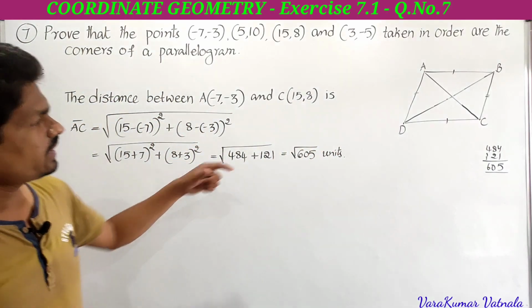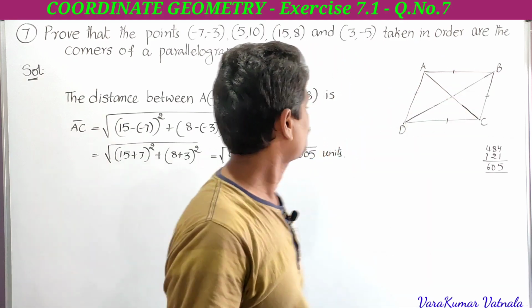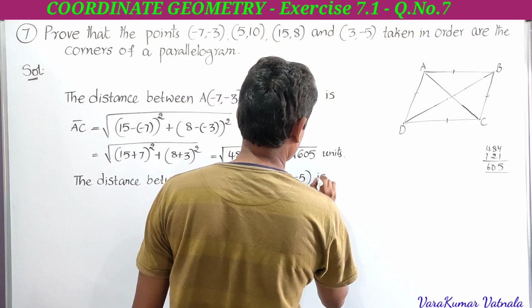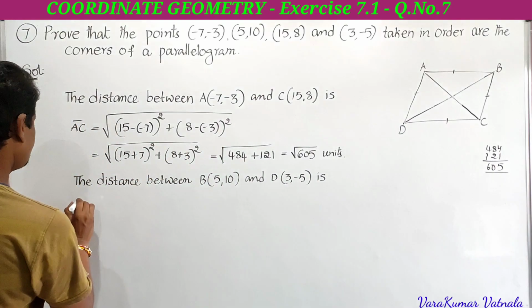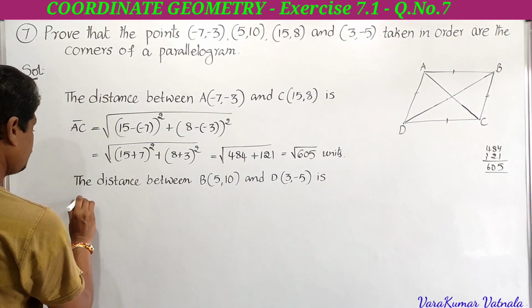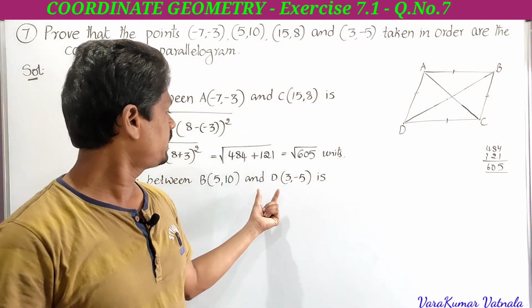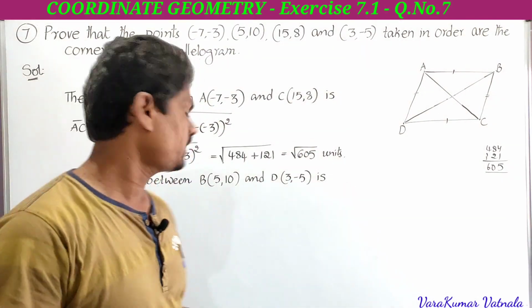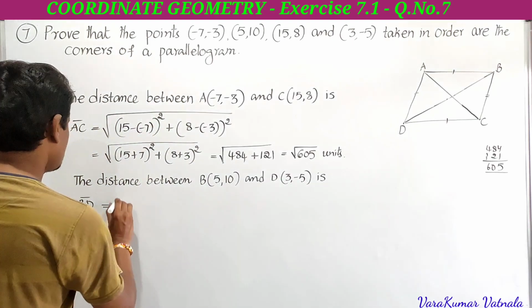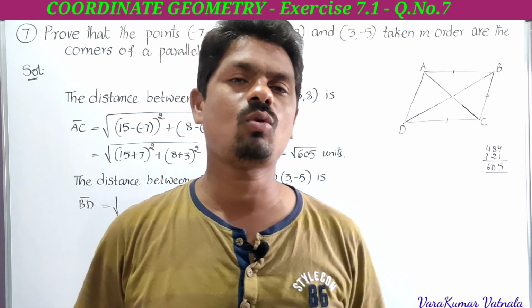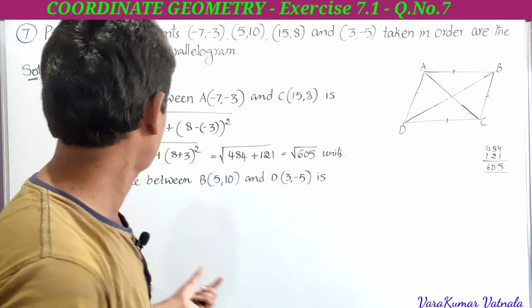Next we have to find the length of BD also, the distance between B and D. The distance between B (5, 10) and D (3, minus 5) is BD. Again we substitute in the distance formula, square root of x2 minus x1 whole square plus y2 minus y1 whole square.